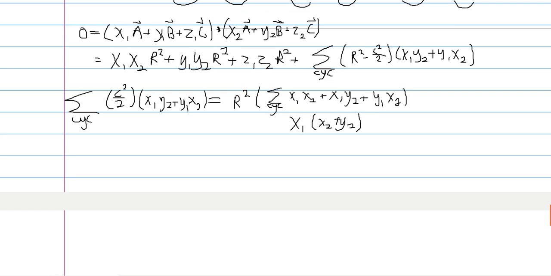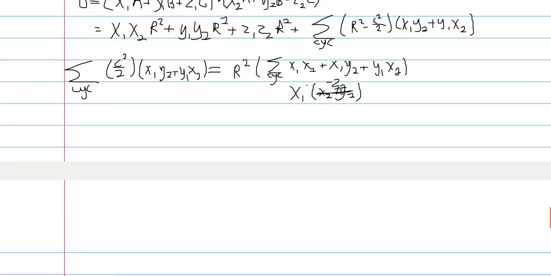So x2 plus y2 equals negative z2. In other words, our cyclic sum becomes negative x1 z2 plus y1 x2.